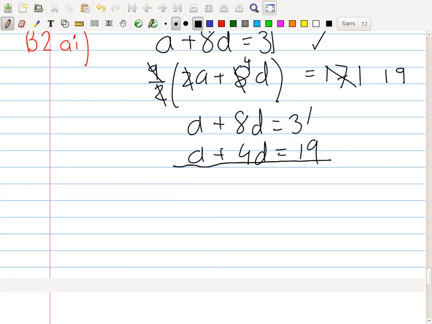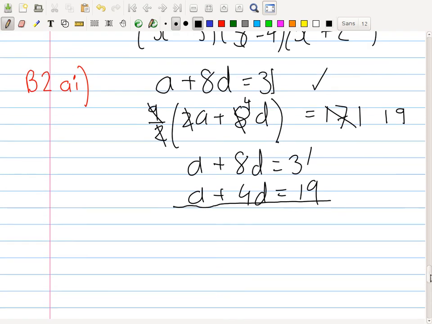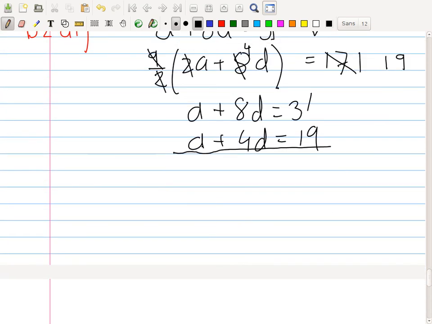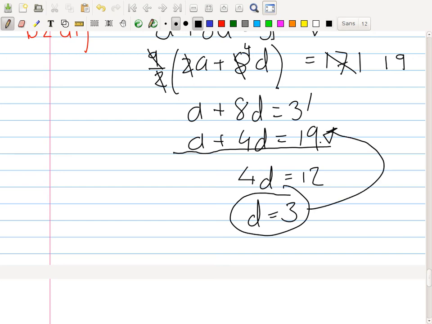Now, a minus a, it's gone. 8d minus 4d, 4d. 31 minus 19 is 12, so what does d equal? 3. How do I find a? I can put it back in, let's say back into this one. So I have a plus 12 equals 19. So what does a equal? 7.